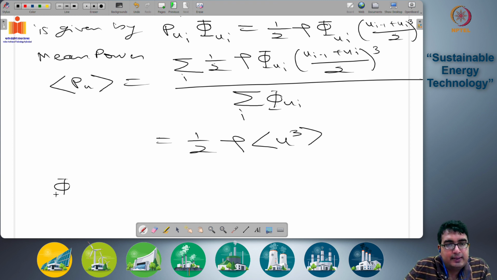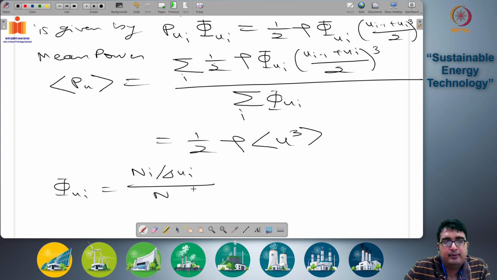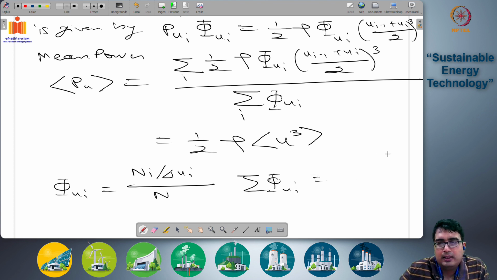Remember that since phi ui is ni by delta ui by n, the summation of phi ui is equal to 1 by n summation ni by delta ui.